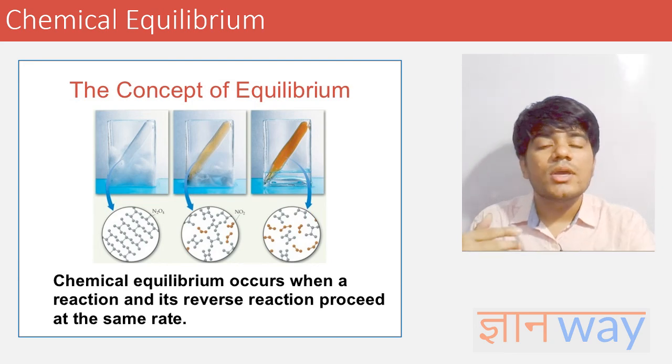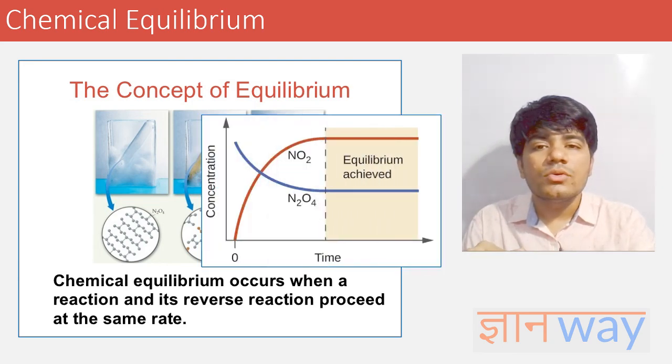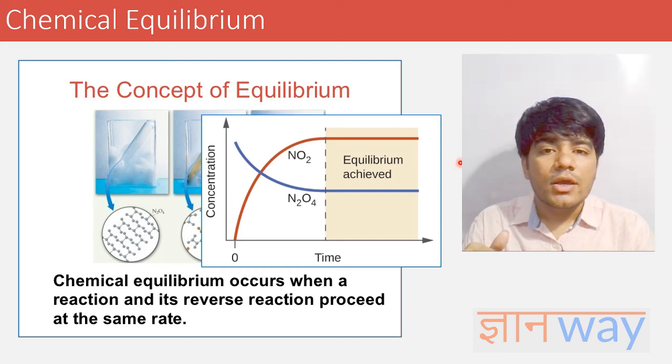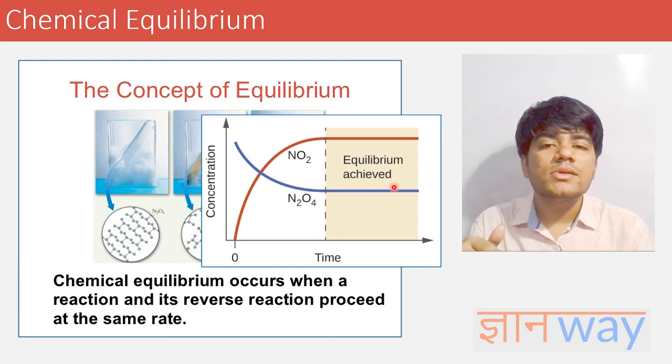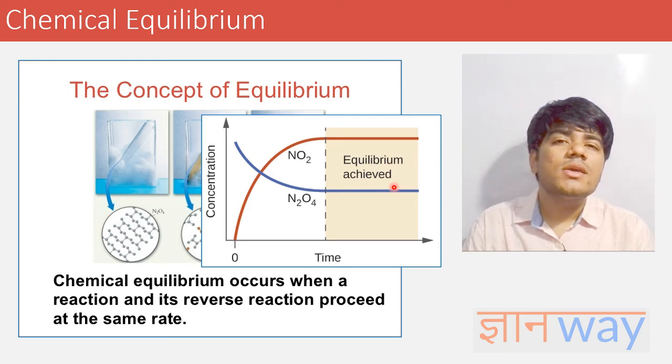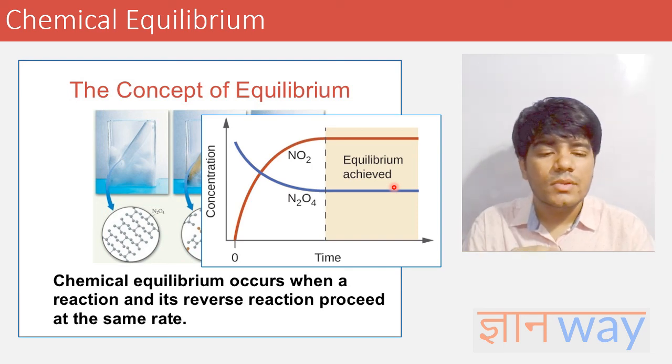So this was about chemical equilibrium. Here in this graph we can observe that equilibrium is achieved and there is no change in the conversion after equilibrium is achieved. So when there is no change in conversion, we can say that chemical equilibrium is achieved in our system.